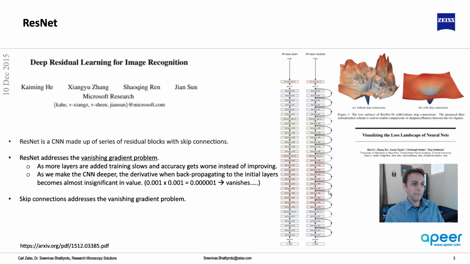So it addresses the vanishing gradient problem where you keep adding more layers and make your model deeper, and the gradient actually gets multiplied as you backpropagate. And then it doesn't update at some point because the updated change is so small that it doesn't matter, right? So then your model is not training, it's not learning.